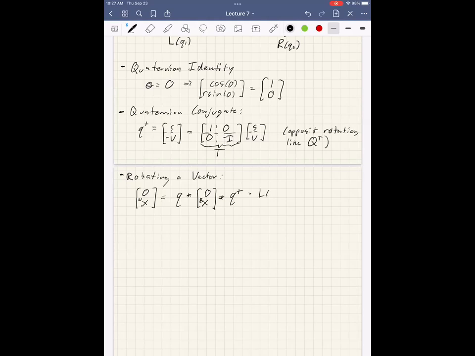So I can do L of Q, R transpose of Q, times this guy. I can also do R transpose, oh, sorry, I should mention here real quick, we'll do that. So I can write it either way. And this L R transpose or R transpose L thing gives you the rotation matrix, right?